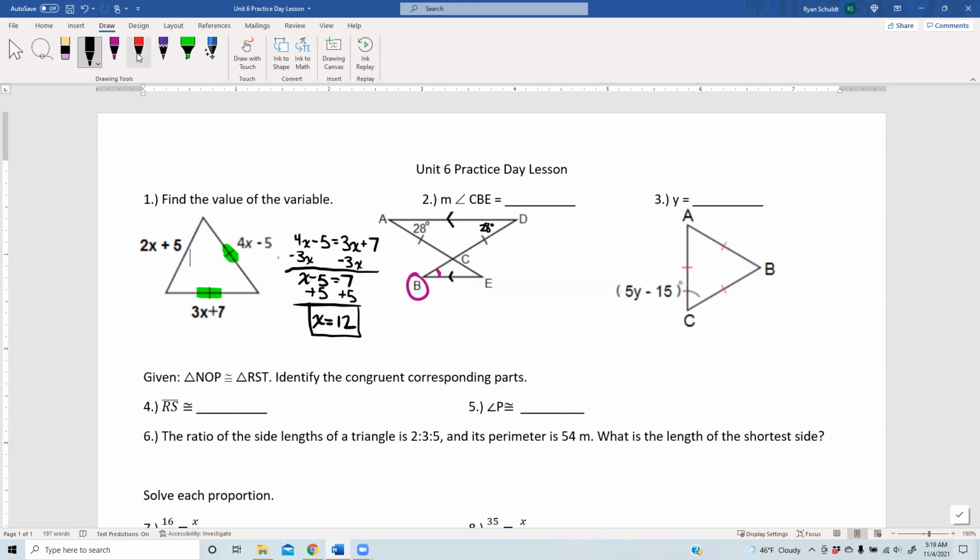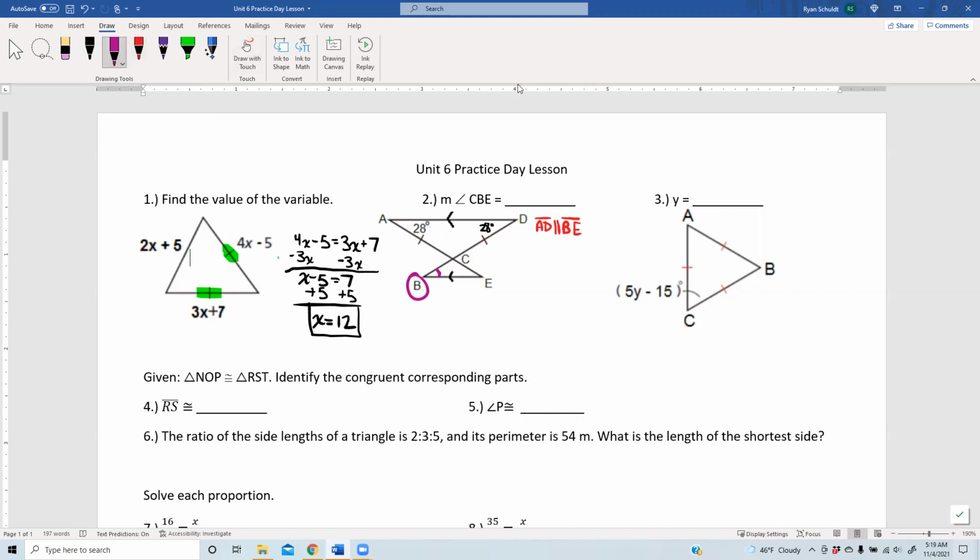But now it takes it a step further. They tell us that AD and BE are parallel to each other. AD is parallel to BE. That's what these little arrows mean. So now I can say, well, wait a minute.